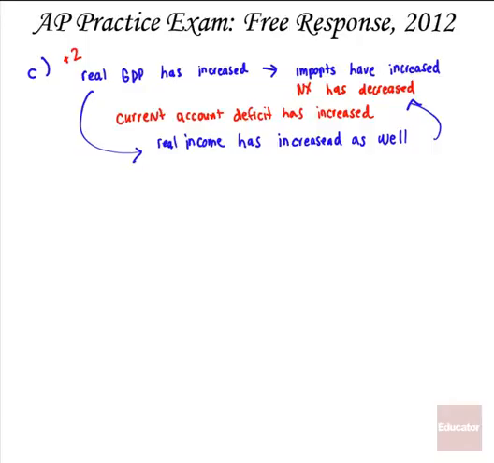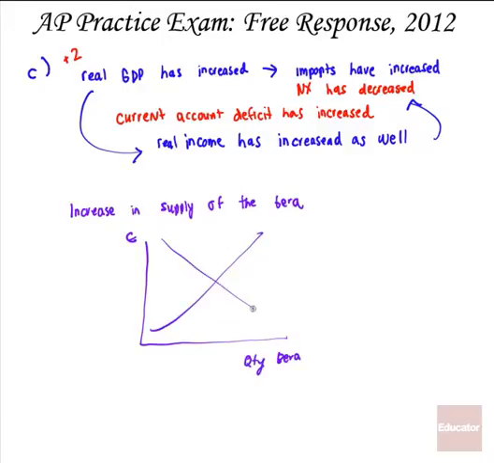The final 2 points deal with what's going to happen to the value of the Bera when the GDP increases. On the international market for the Bera, there's going to be an increase in supply of the Bera. Let's say you have the exchange rate here, and this is the quantity of the Bera. This is supply, and here's the demand.